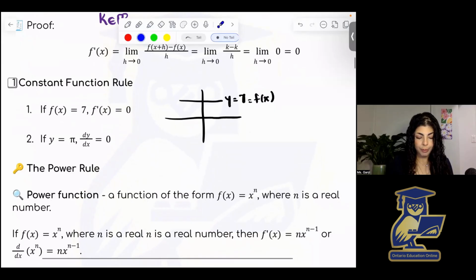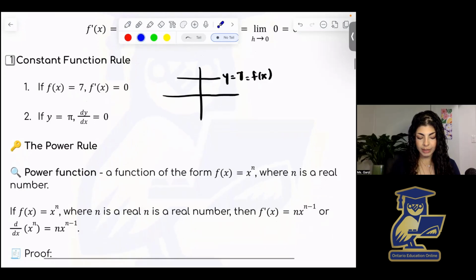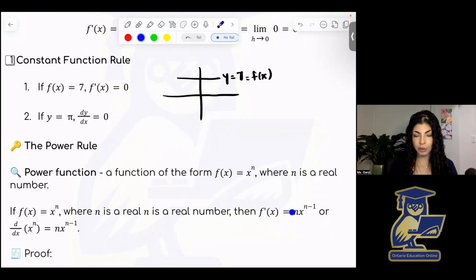Next, we have our power rule. So you actually already saw this. You just didn't know you saw it. But if you have a function of the form f of x is equal to x to the power of n, where n is a real number, then the derivative is f prime of x, and all you do is bring that power of n and multiply it, and then just take away from the power by 1, so n minus 1.